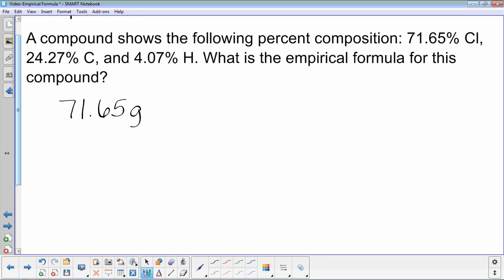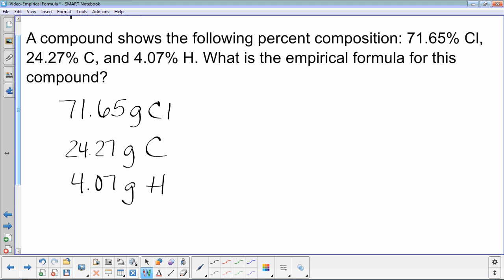So 71.65 grams Cl, 24.27 grams C, and 4.07 grams H. I hope you're going to take a moment now, pause the video, and work on converting each of these gram amounts to moles. All right, I hope you've taken a moment, you paused the video, and you have written down the following things.